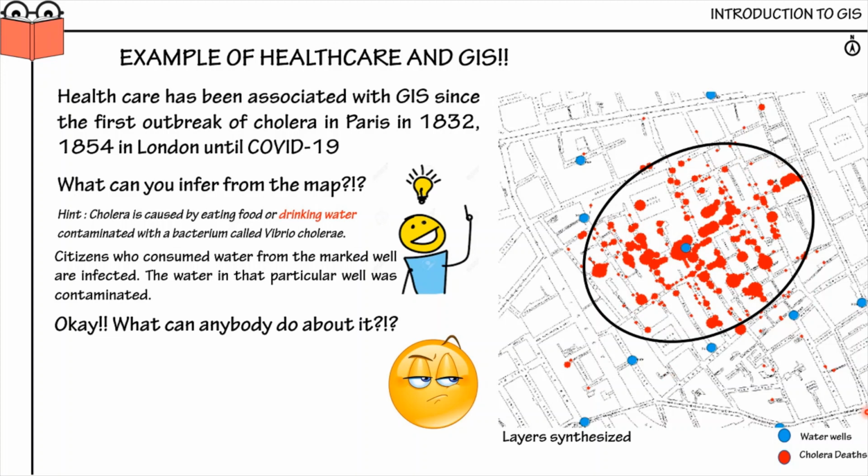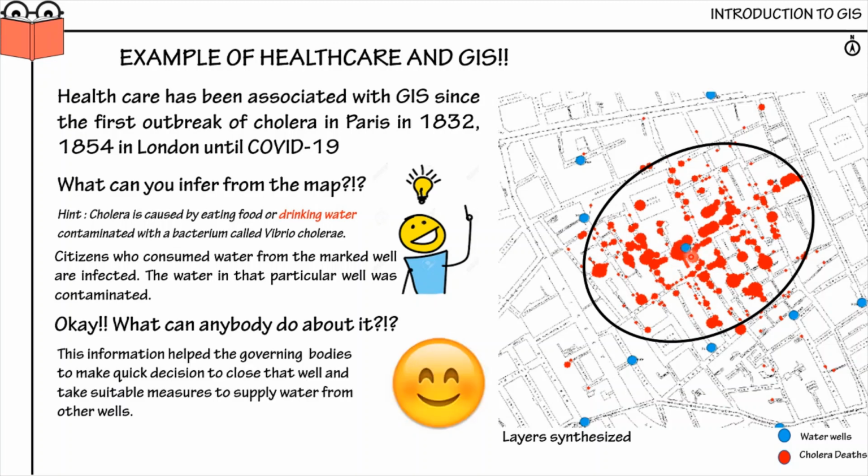So obviously once the government knows that one particular water body or one particular tank was causing so much problem and caused cholera in the surrounding areas, it became very easy for the decision makers to shut this tank off and supply water from other tanks, or reroute water to all these facilities and all these houses from other tanks. So you see how in the smallest of small ways GIS can help take huge decisions.